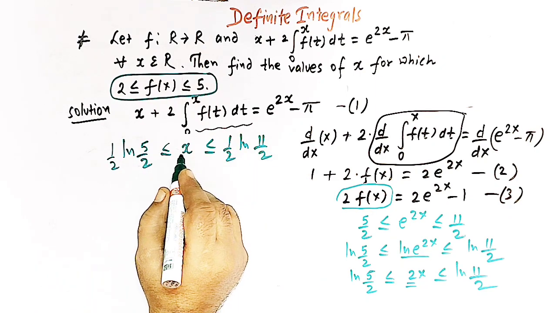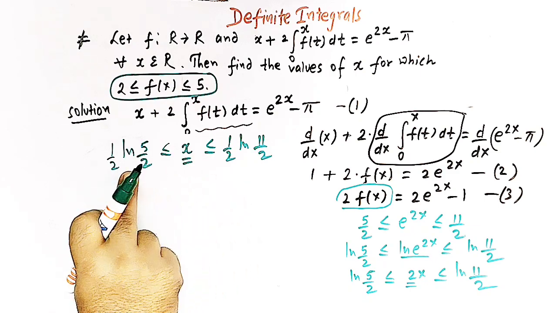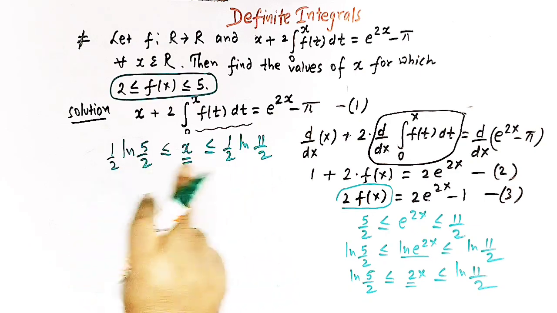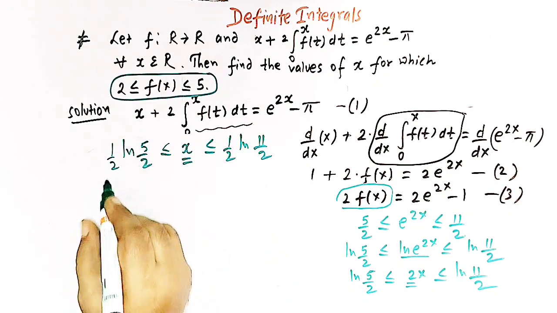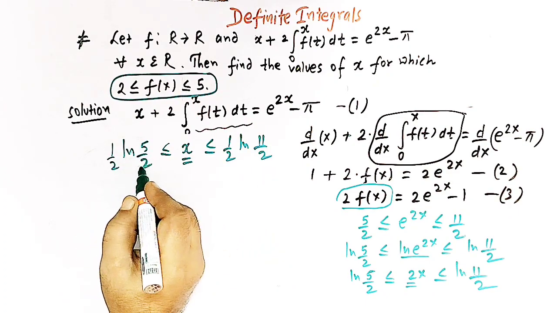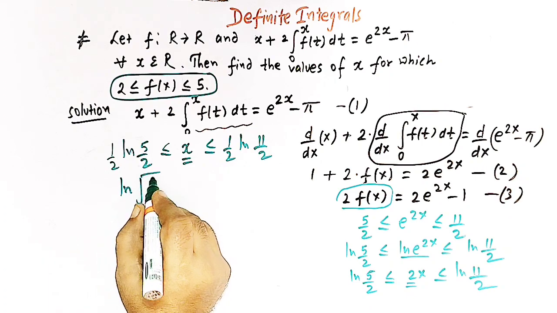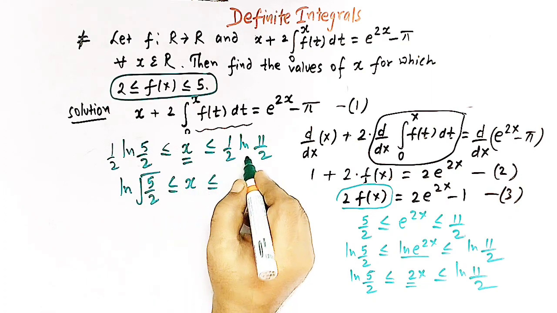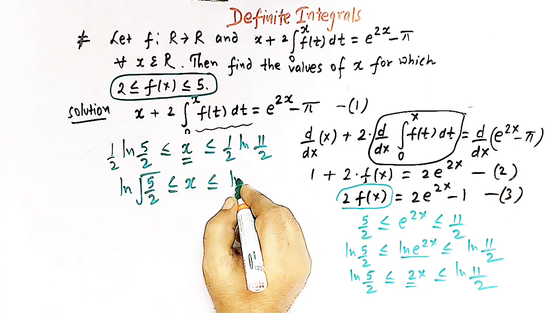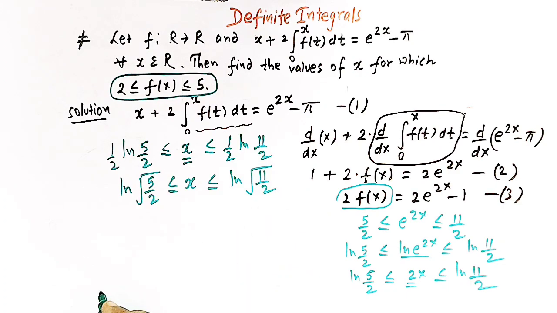So we can see that the values of x lie between these two numbers, including the numbers, because here we have the equality, right? So we can write half natural log of 5 by 2 as natural log of square root of 5 over 2, and here we have x, and here we can write natural log of square root of 11 over 2, right?